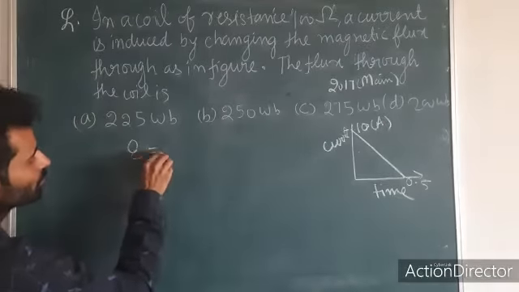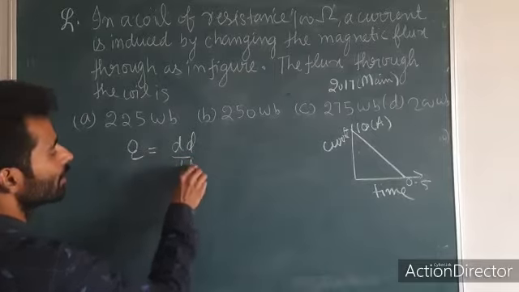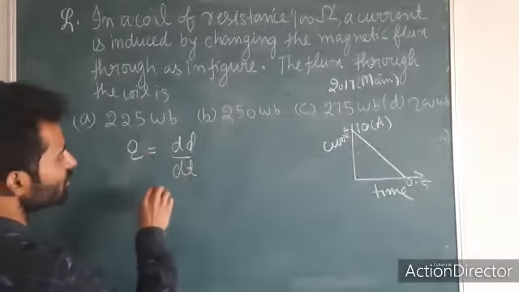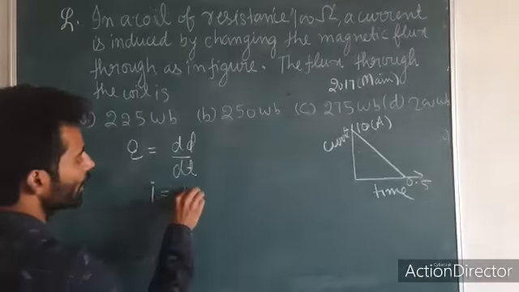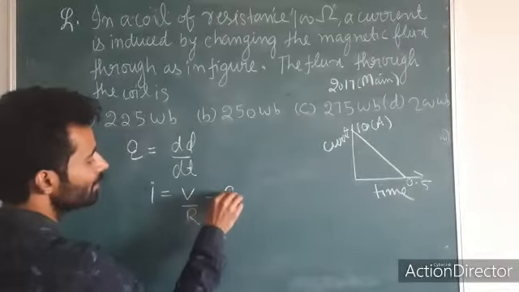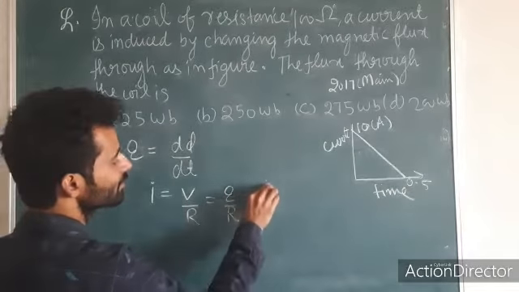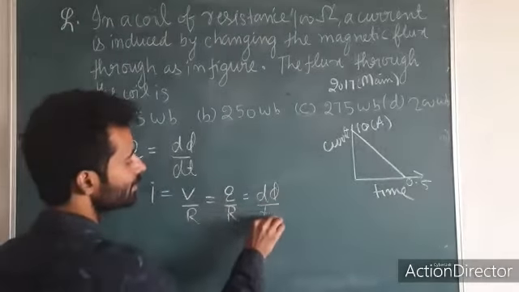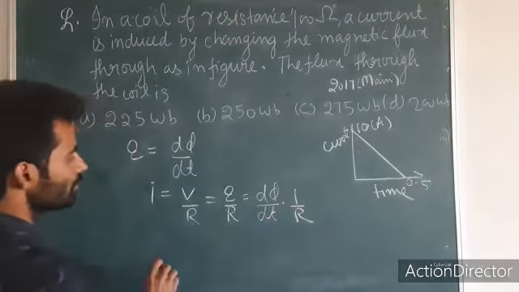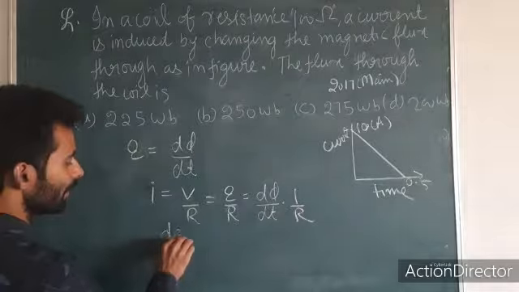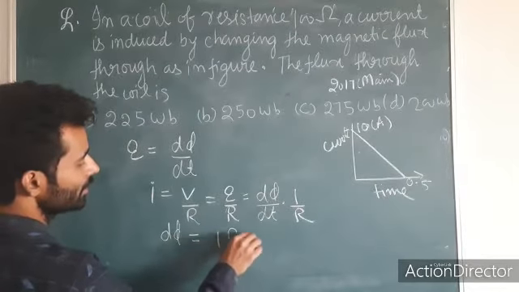E is equal to d phi by dt, and we also know that I is equal to V upon R, means E by R. Clear? Here E is d phi by dt and this is 1 by R. So flux d phi is equal to IR dt.